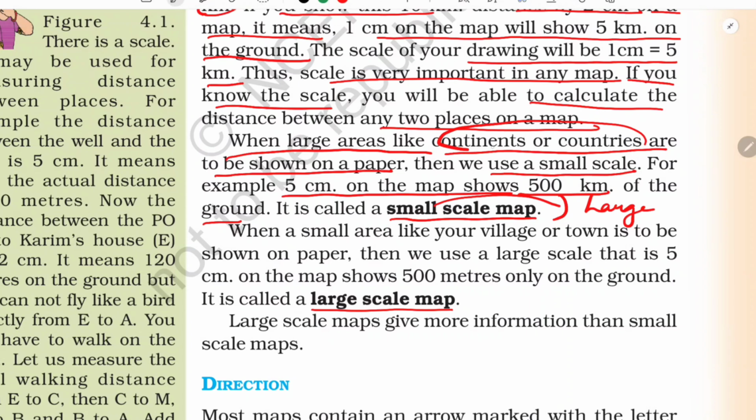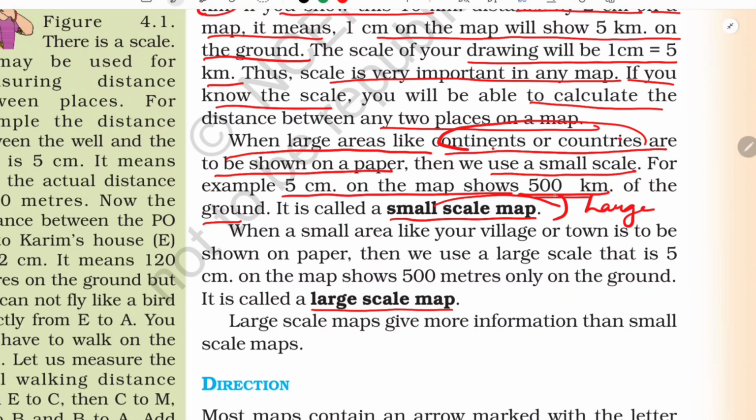If you want to represent a continent or a country, then there will be a huge difference between the map distance and the actual ground distance. Here they have given 5 centimeters is equal to 500 kilometers.